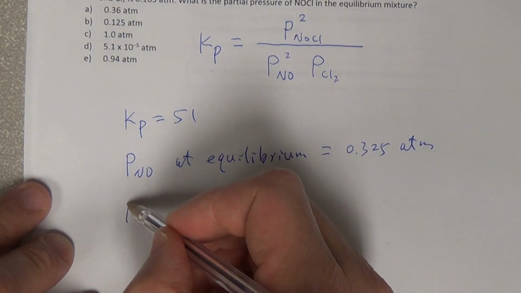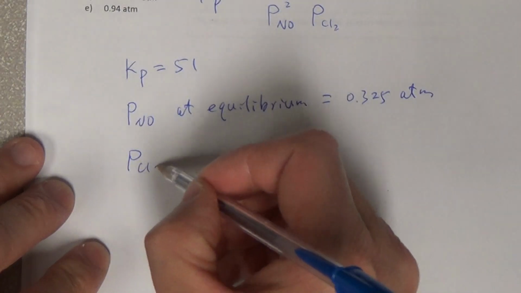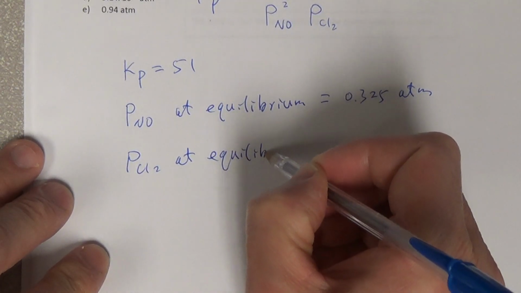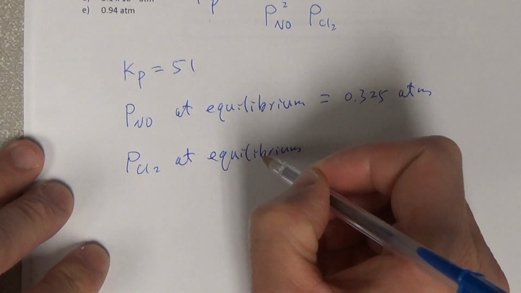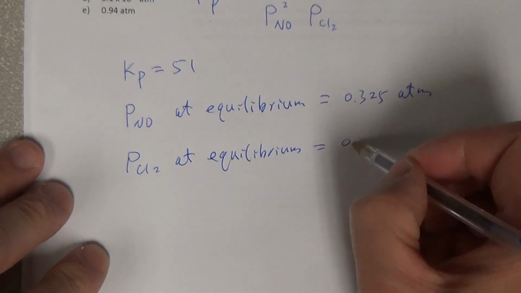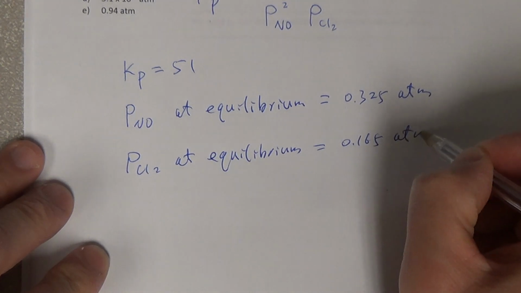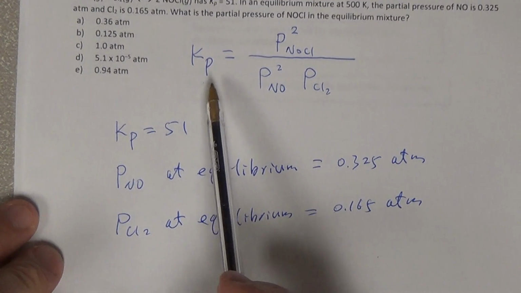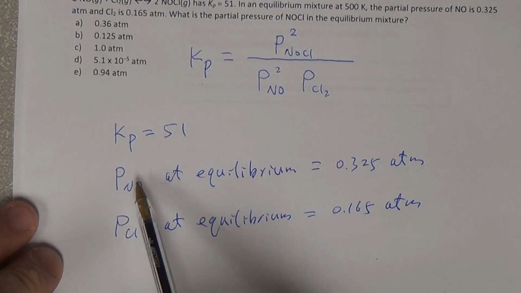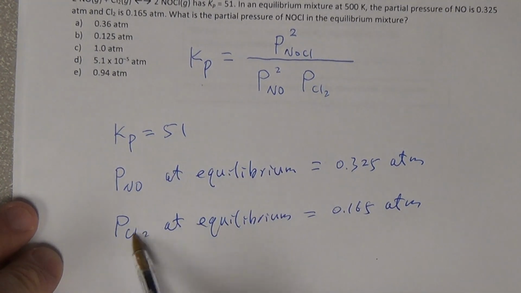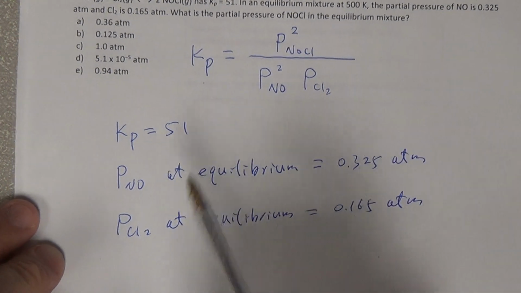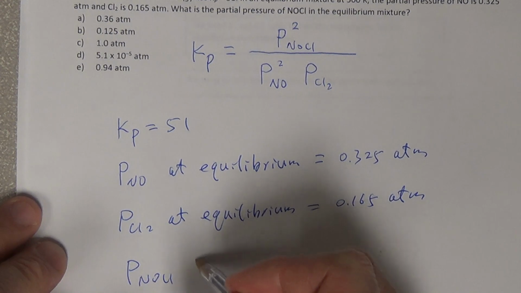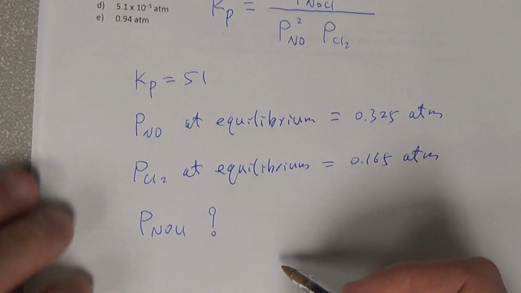Okay? And then partial pressure of Cl2 at equilibrium equals 0.165 atm. Okay? So this number we know. So Kp 51. This number we know. This number we know. We don't know that number. So P NOCl is a question mark.